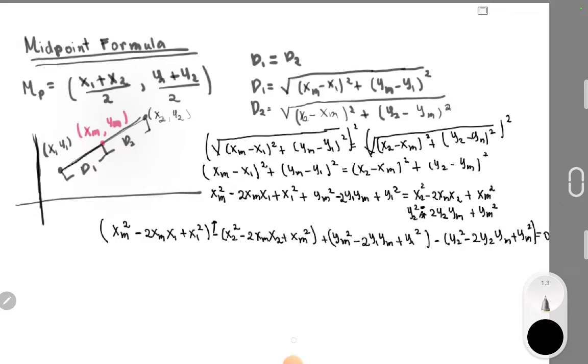Okay, next is that after transposing my equation, the next thing to do is to simplify it. So from here, you can see that I can cancel out my xm squared because xm squared minus xm squared is 0.